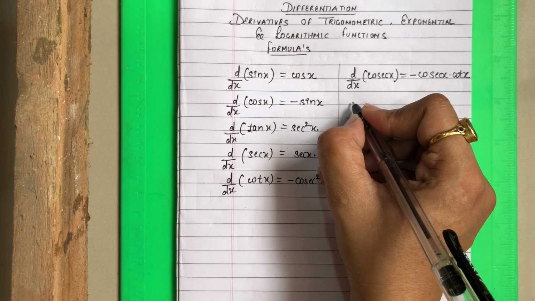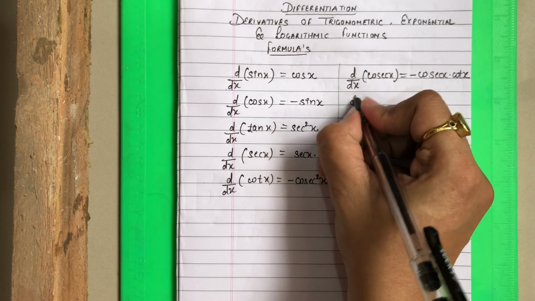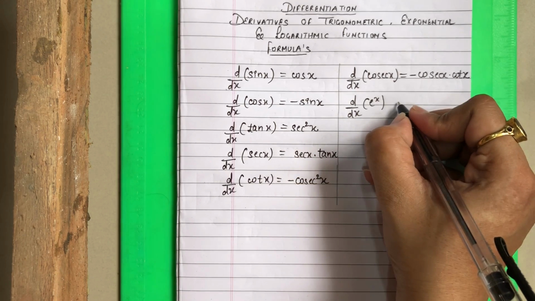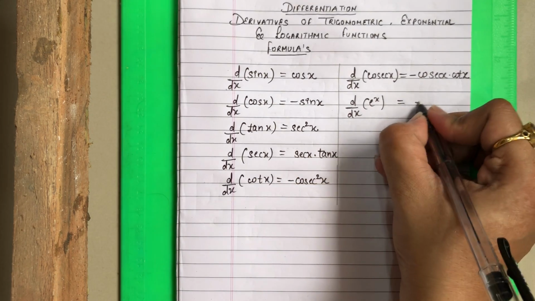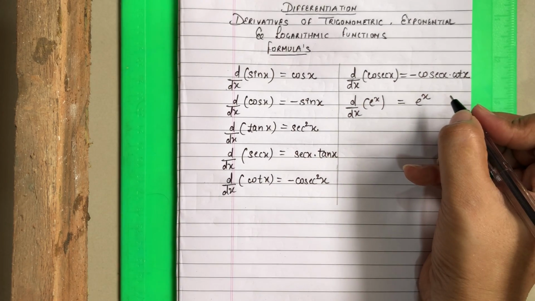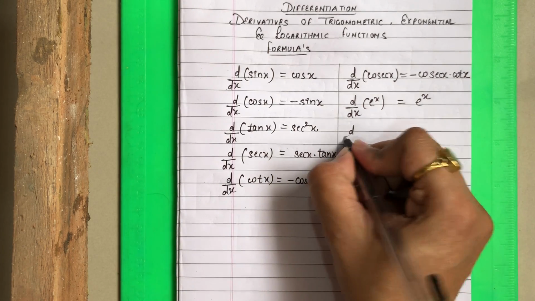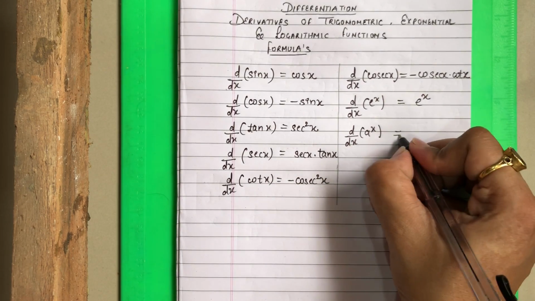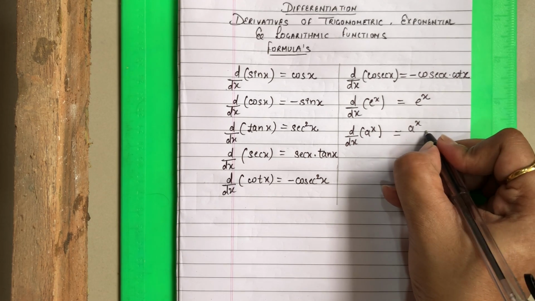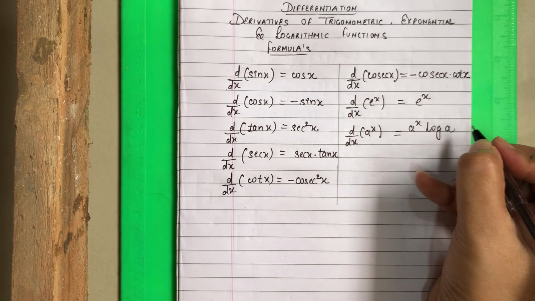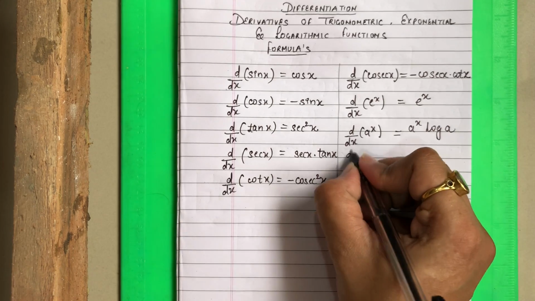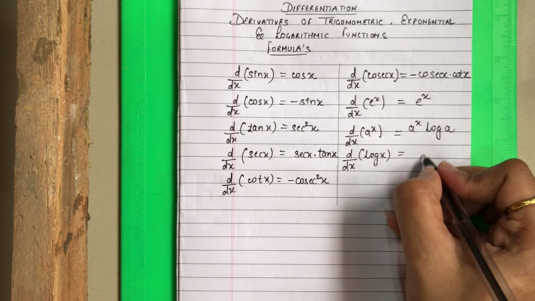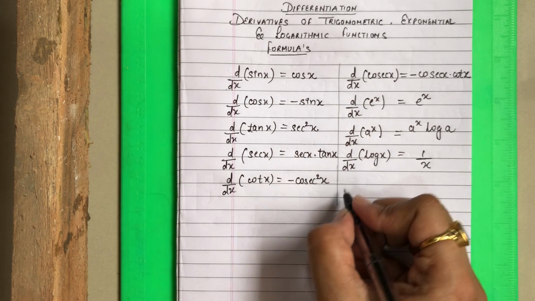Then the derivative of exponential functions, that is d by dx of e raised to the power x is always equal to e raised to the power x. d by dx of a raised to the power x is always equal to a raised to the power x log of a. d by dx of log x is always equal to 1 upon x.